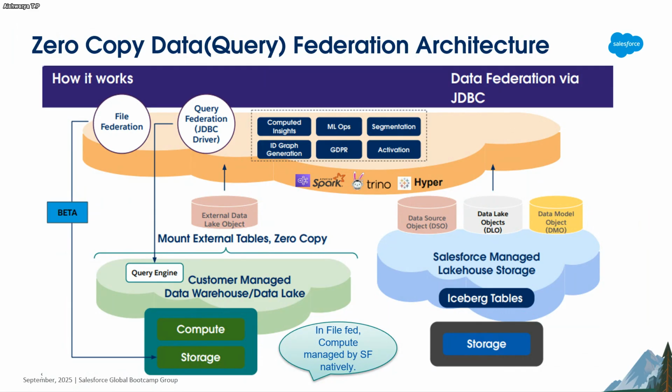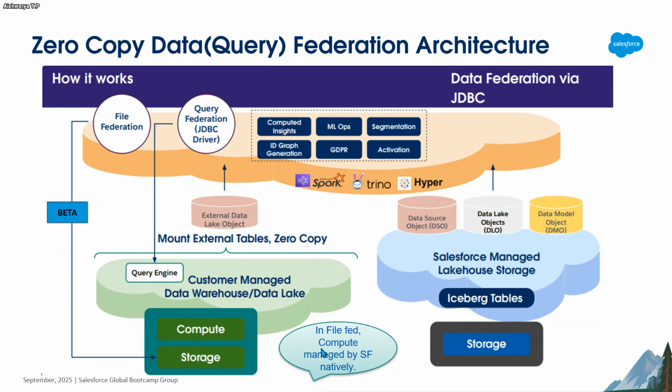Any data lake or data warehouse managed by your customer is this green cloud, and all the compute and storage work happens within this green cloud, or your customer-managed data warehouse.